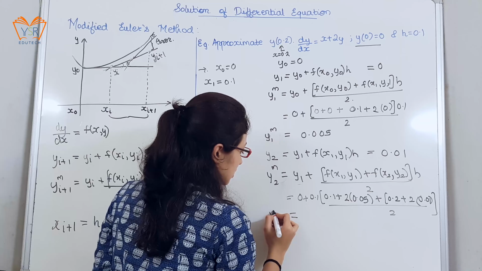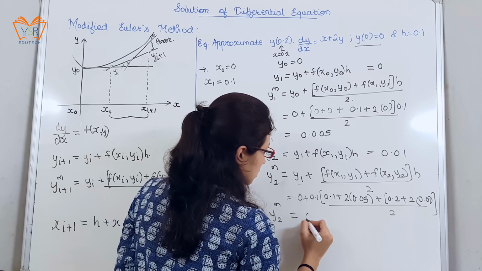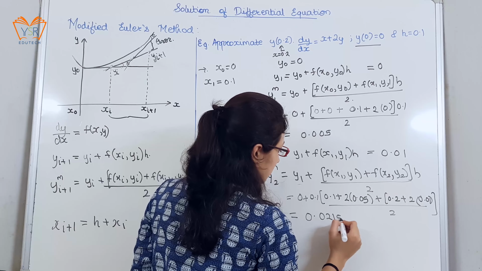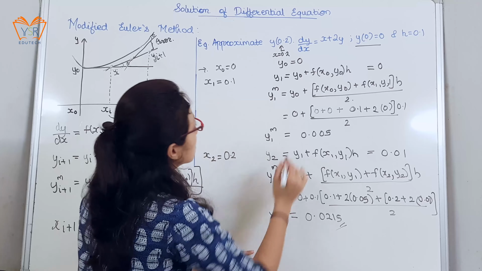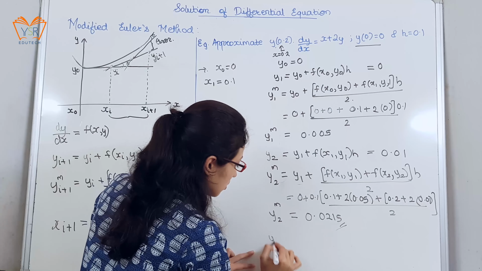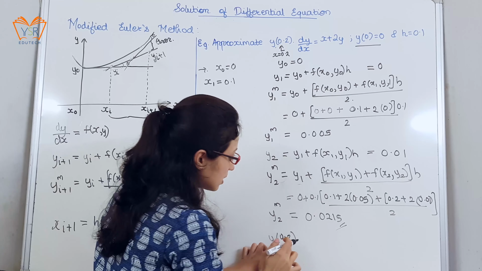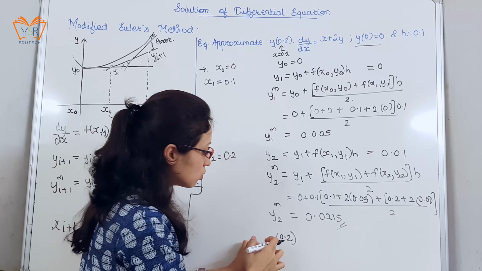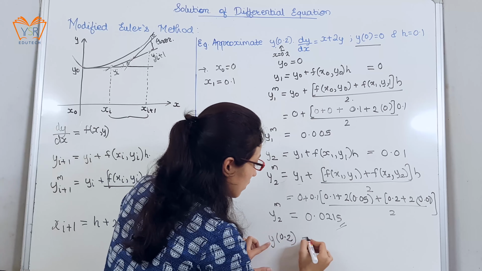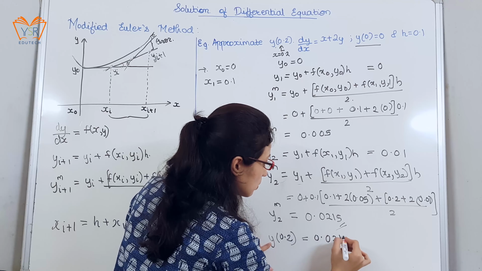Now if you calculate, the value will be 0.0215. So we have obtained for the instant x equal to 0.2, the value of y is 0.0215.